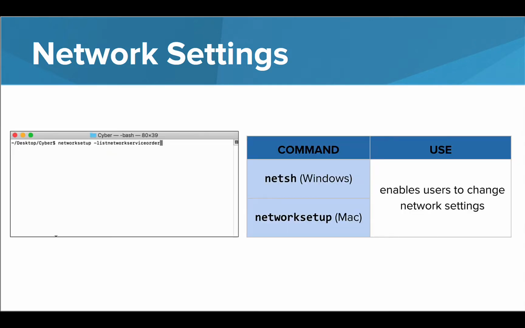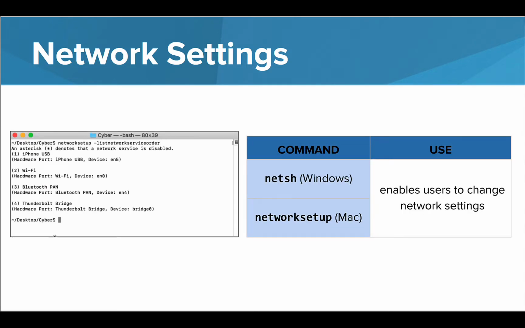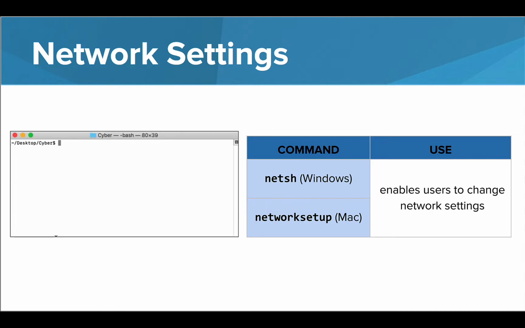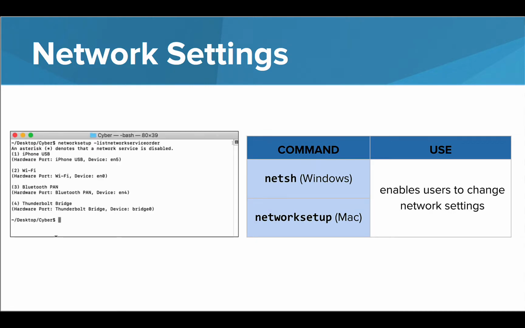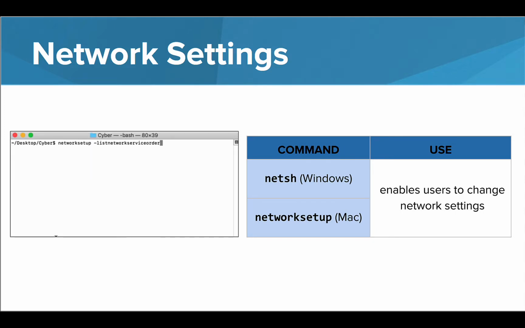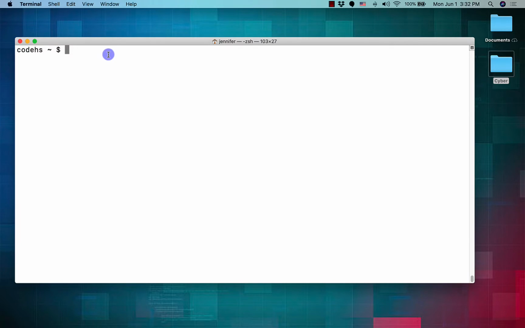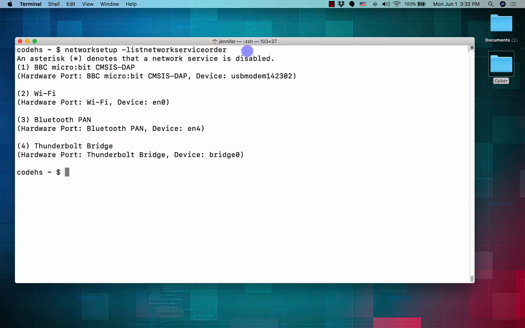Viewing all of the network settings is nice, but we want to be able to change and modify them as well. The commands netsh and networksetup are used in a lot of different ways to do this. Let's take a look at a few things we can do with the network setup. So first we can type in listnetworkserviceorder as a formatting option, and it will list all of your network services.